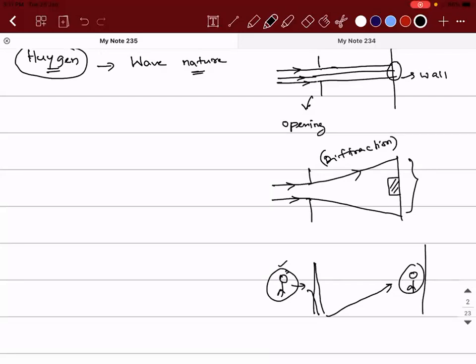Diffraction is something similar to refraction, however you want to pronounce it. It means that the wave will start bending when it hits an obstacle. This was the principle observed by Huygens, and he proposed the wave nature of light.